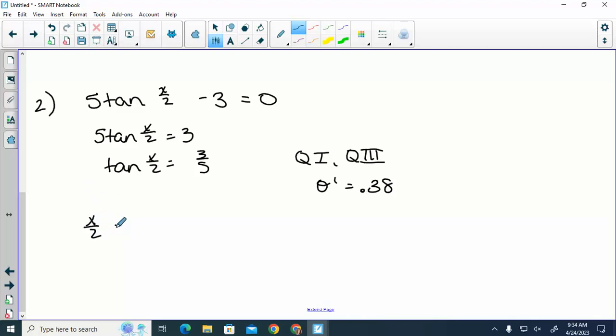In quadrant 1, 0.38 is 0.38. In quadrant 3, you'd have to do pi plus 0.38. So we get 3.52. And then to get x, what do we do to each of those? So we get 0.76 and 7.04.